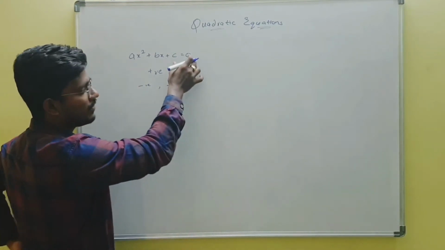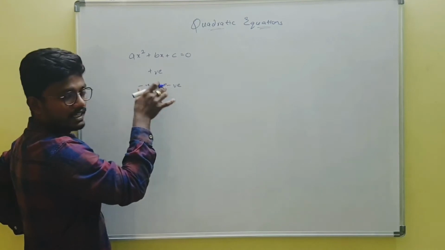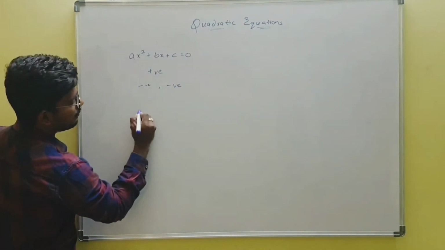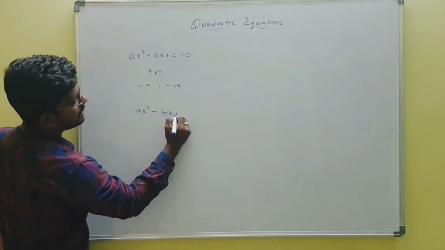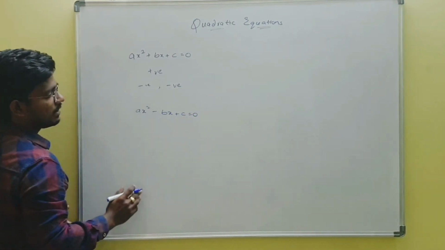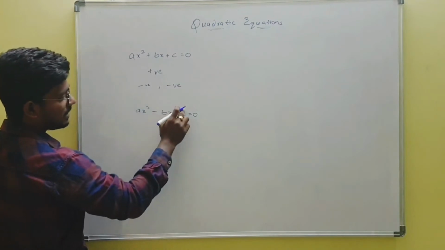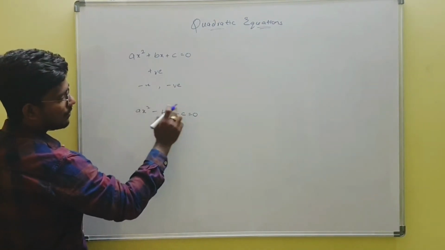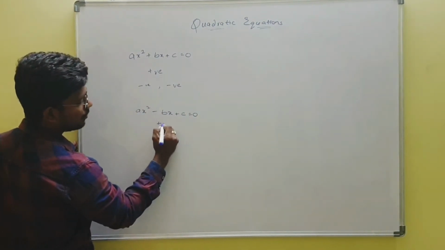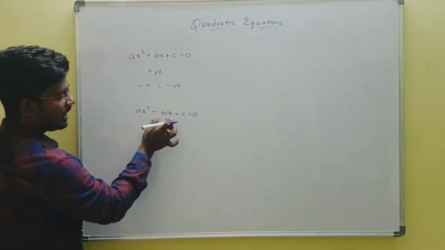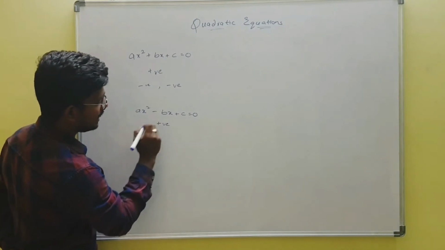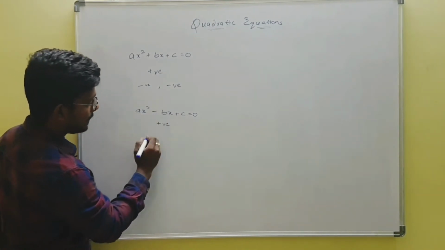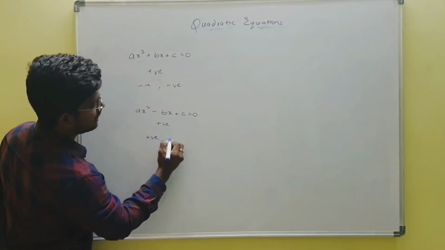The roots obtained for this equation will be negative. If the equation is in the form of ax square minus bx plus c is equals to 0, then here also the product of a and c is positive, but here the coefficient of x is negative, so the roots obtained will be positive.